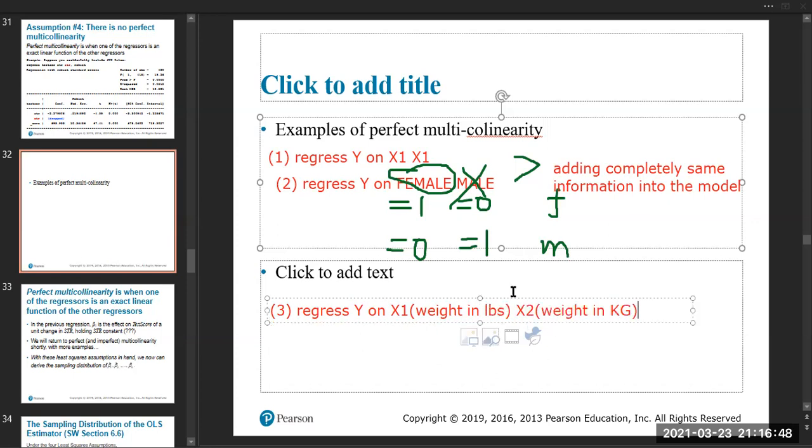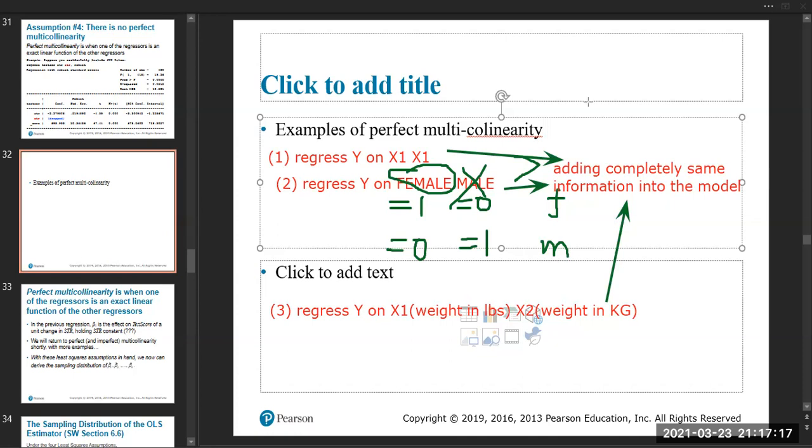What's wrong with x1 and x2? x1 and x2 are still exactly the same information, right? So I don't need x2 to tell me x1's information, because by looking at x1, I already know this person's weight in pounds, and by calculation, I can tell this person's weight in kg.